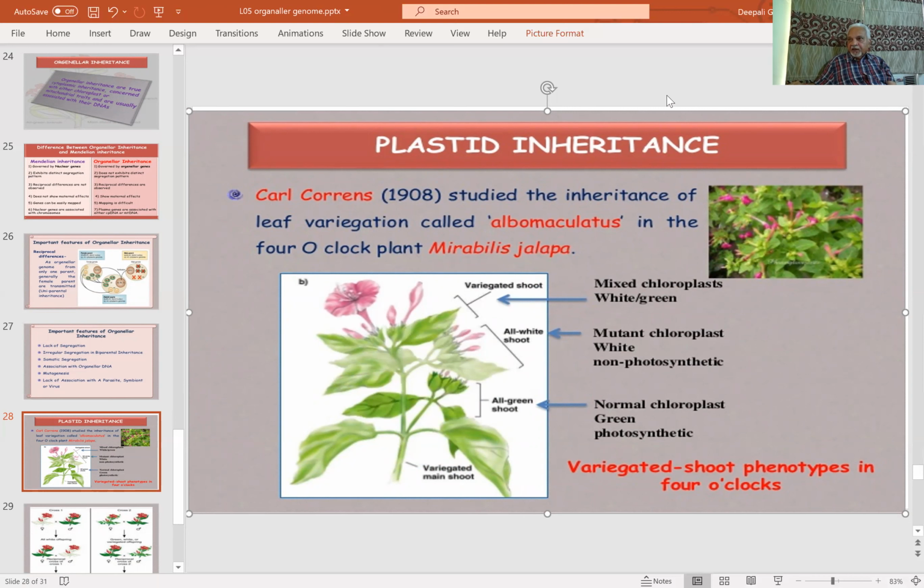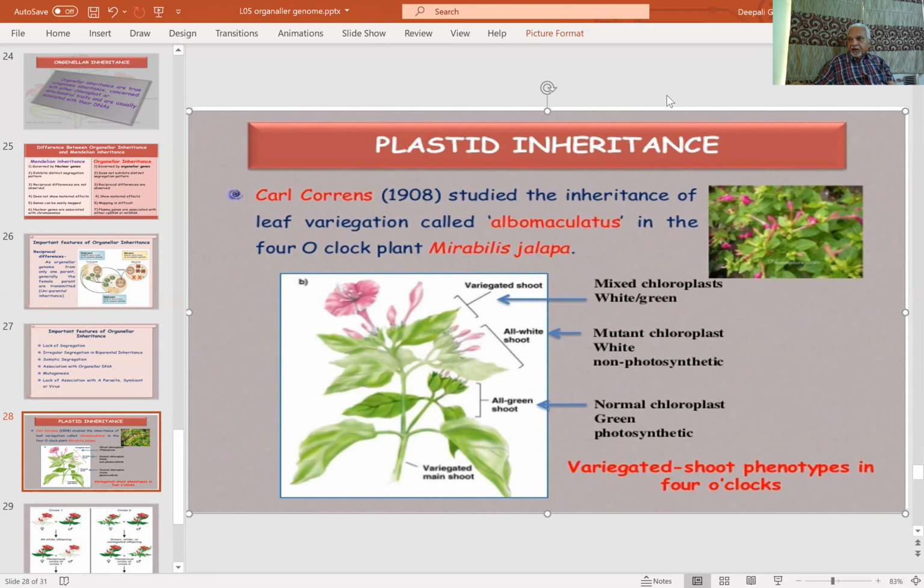So what was seen here? Different kinds of crosses were made. If you take a plant with white leaves as female and green leaf as the male partner in the reproduction, what you get is all plants with white leaves in the offspring.